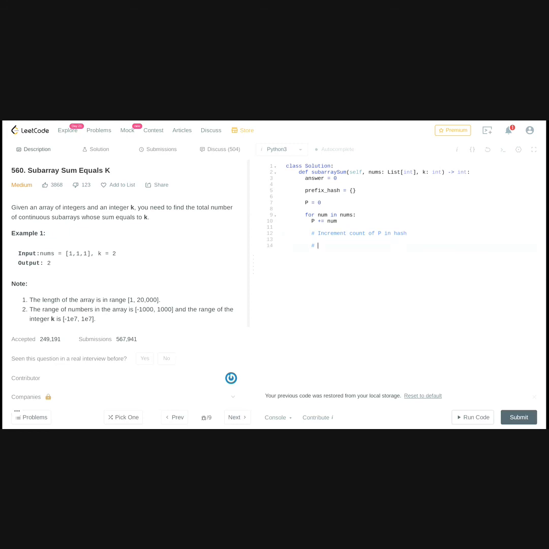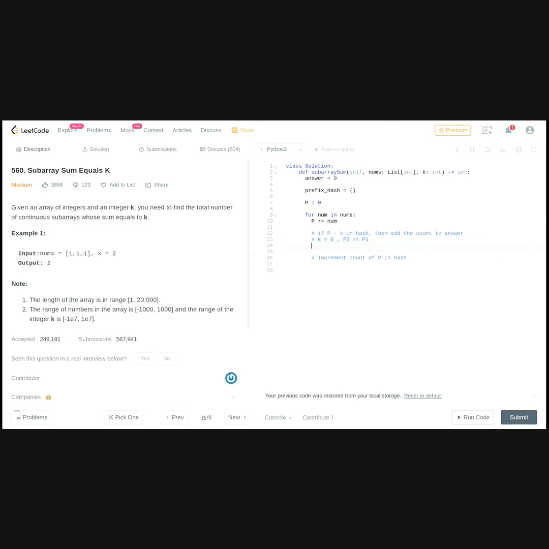What we need to do is, if p minus k is in the hash table, then add its count to the answer. We do the adding to the answer first, because it may happen, for a case where k equals 0, that P2 is actually P1. If I increment the count of p in the hash table first, it won't give the right answer; it will overcount my combos of P1 and P2.